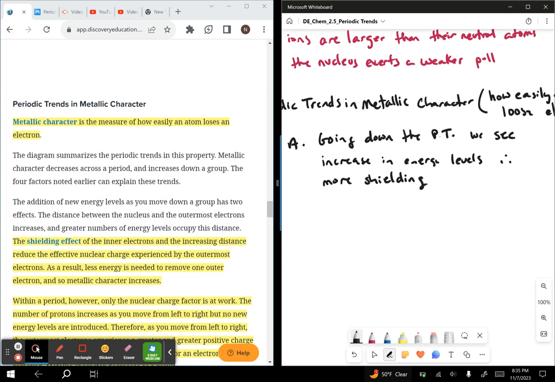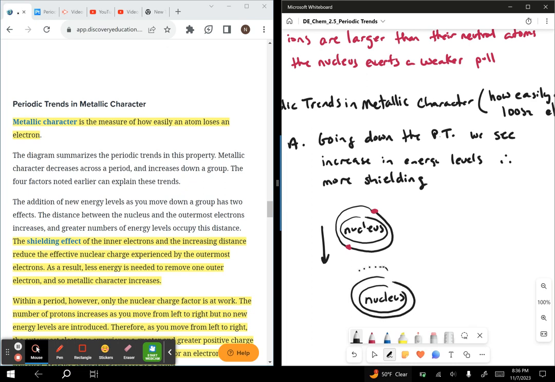Okay, so that's like saying you have a nucleus, and let's just say you got one energy level, versus if you go down the periodic table, maybe you have another one where you have a nucleus, but this nucleus has 1, 2, 3 energy levels.